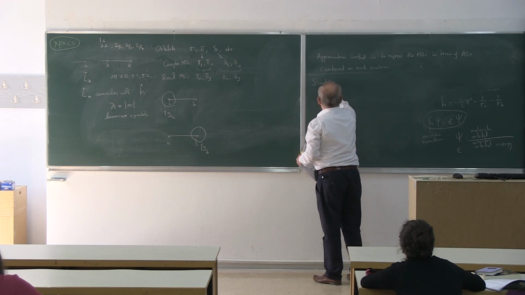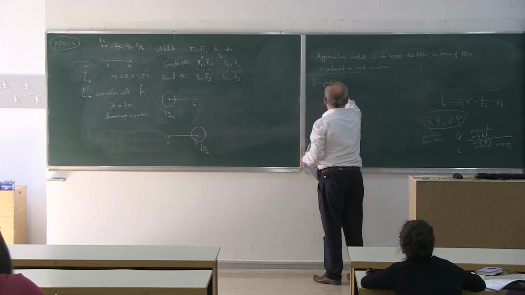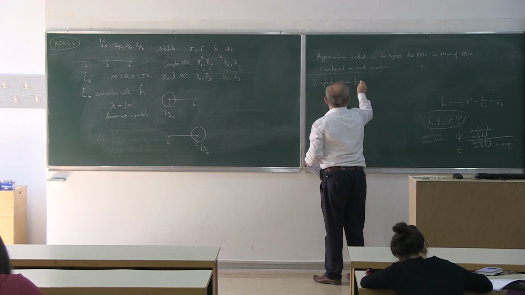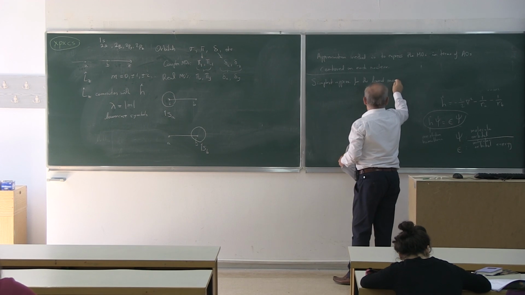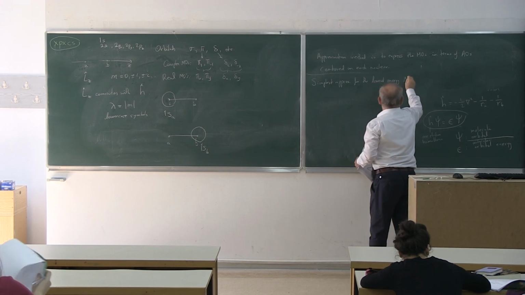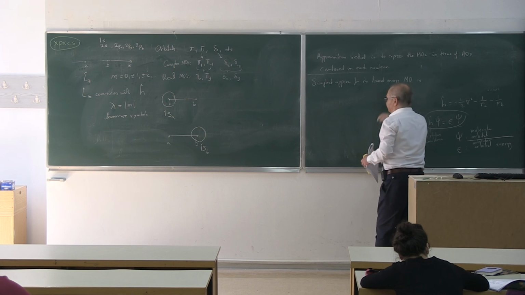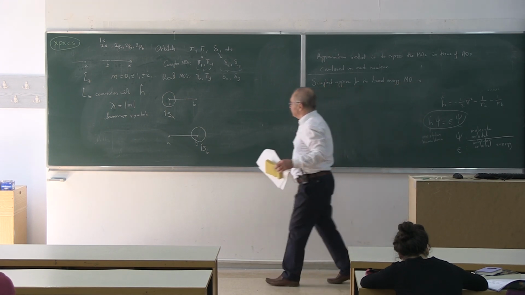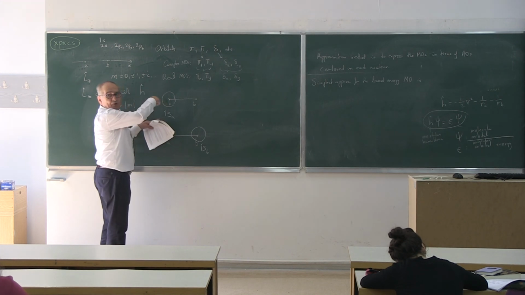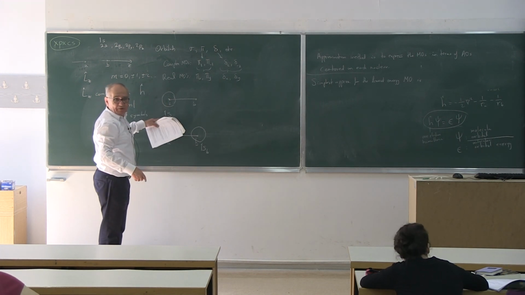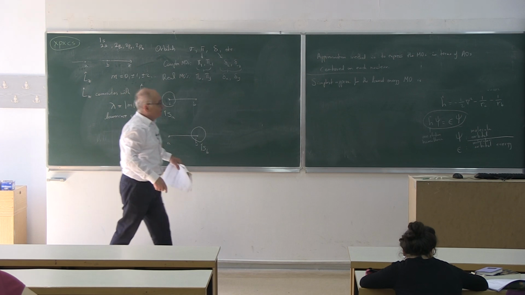Now, the simplest approximation for the lowest energy MO is we take the lowest energy atomic orbital for each center.